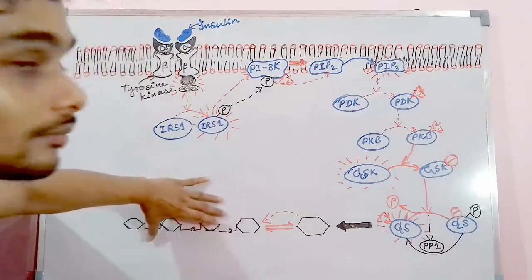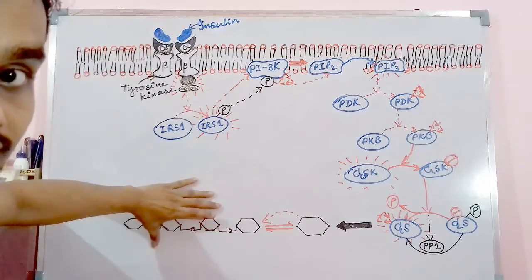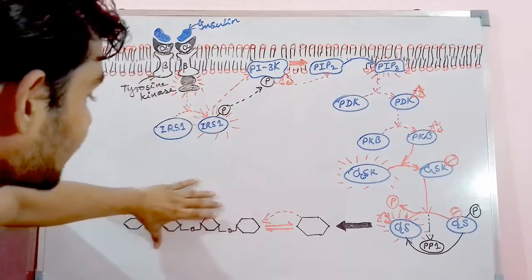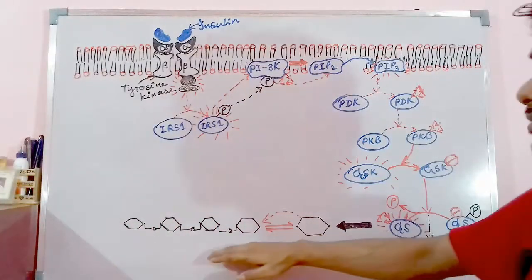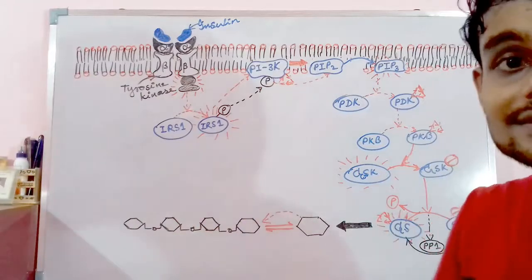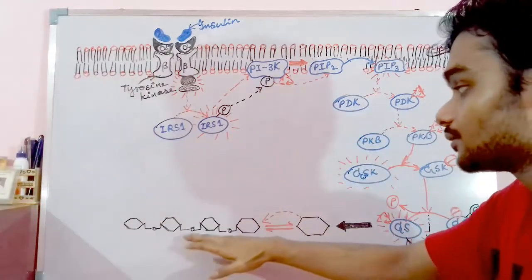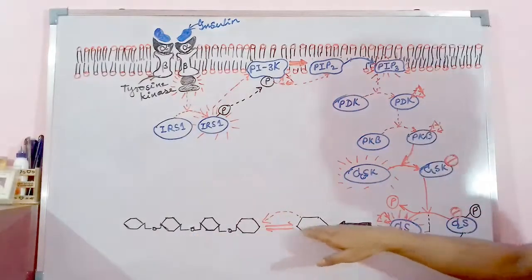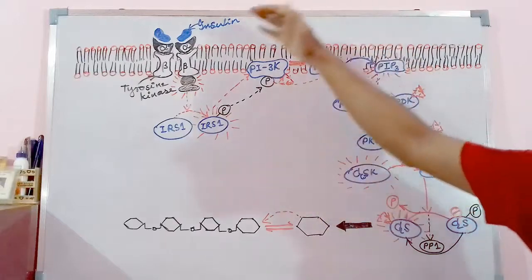Now this glycogen molecule is stored within the hepatocyte cells of the liver, and in time of emergency, in case of a hypoglycemic condition, again the glucagon signaling is happening in order to break down the glycogen to the glucose again, which is then liberated out of the cell.